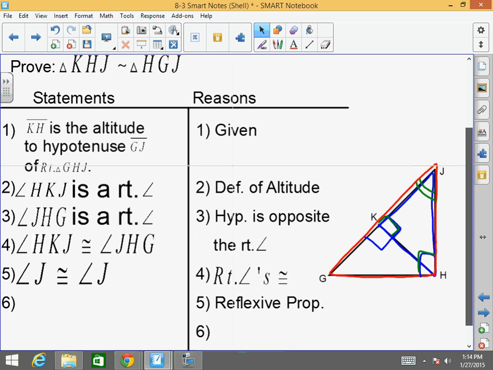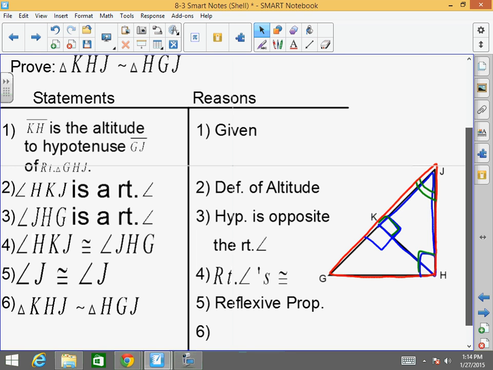There is no congruency theorem here. There's a similarity theorem. The right angle congruency theorem states that right angles are congruent. If you say right angle theorem, that means that if two angles are supplementary and congruent, then they are right angles. That is not what we're stating here.